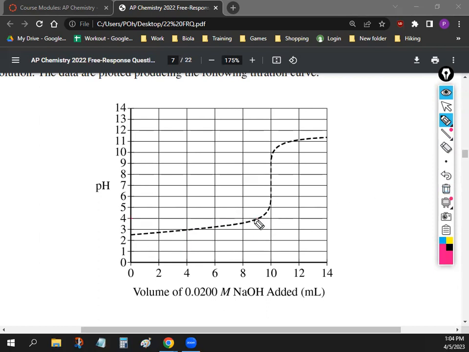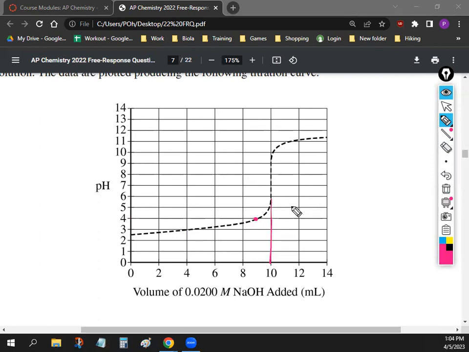Okay, so at pH 4, it's asking you, are you going to have more weak acid or more conjugate base? Now, equivalence point is when you have no more of the weak acid, right?